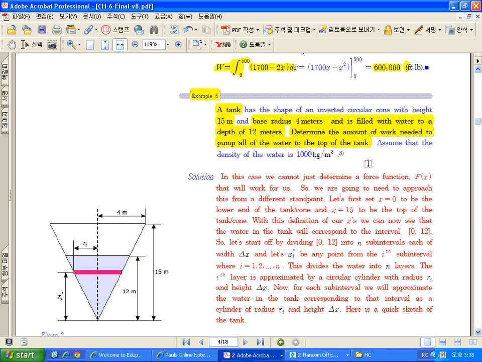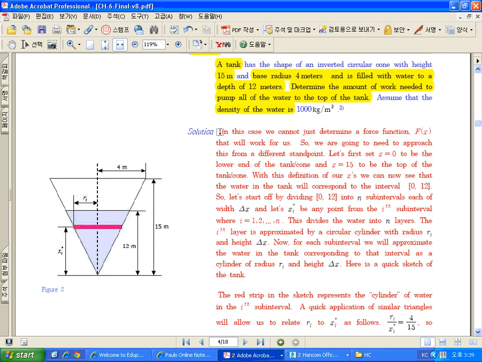We want to pump all of this water out of the circular cone tank, so we need some work to do the task. Assume that the density of the water is 1,000 kilograms per cubic meter.